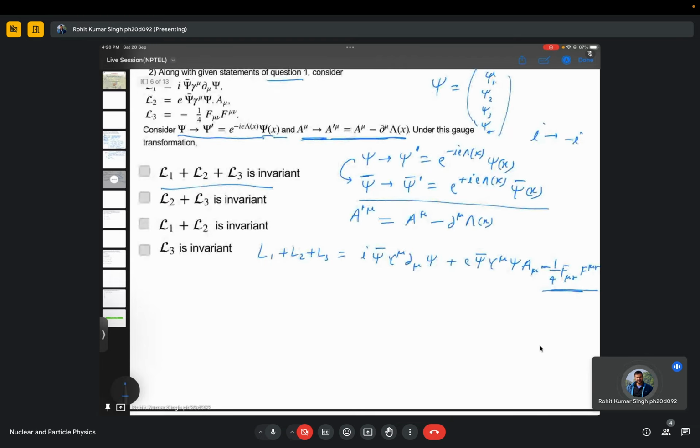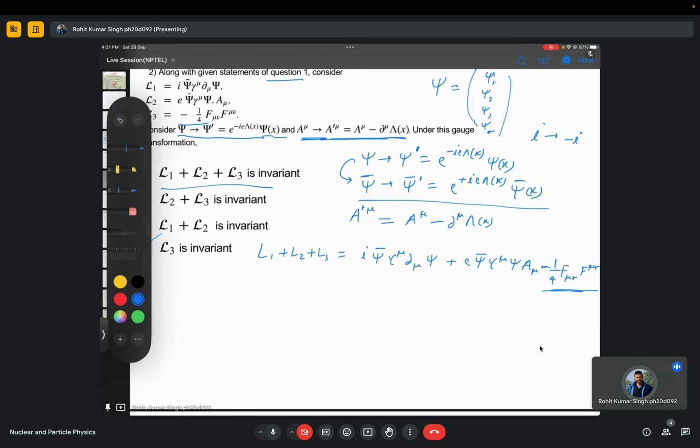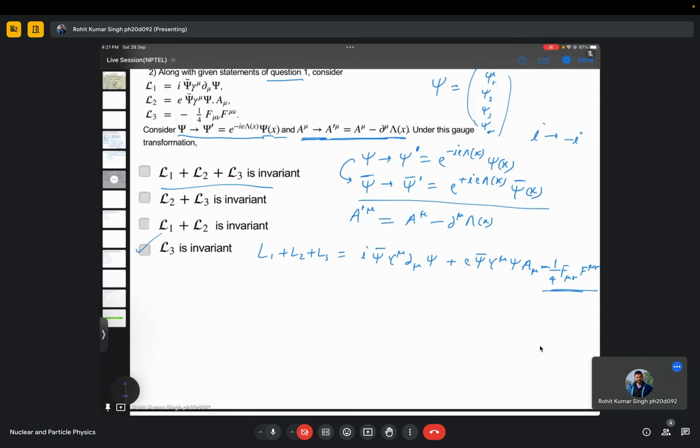So L3 is invariant, it is trivial, right? Only the minus 1 by 4 constant is an extra, which is anyway invariant because it is just a constant, right? So we don't have to worry about L3, we just have to check whether L1 and L2 are invariant under this transformation. Okay, so let's check.